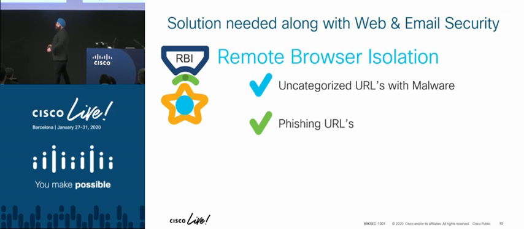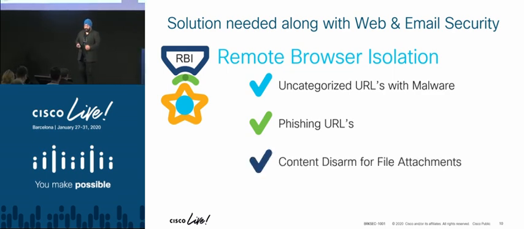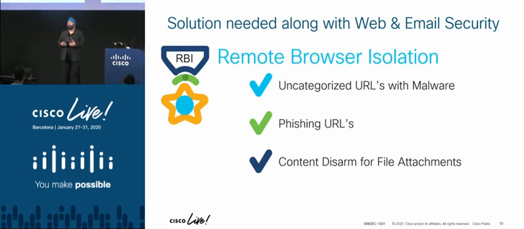Now, the other one is phishing URLs, where we want to make sure that we have the right strategy to target those phishing URLs, where it should not hamper our production itself. Then an important aspect that also comes along with this is content disarm, which we call CDR, as a technology. When we look at any of these contents, which are basically files, they have something we call active content, and we'll talk in detail about how we can leverage disarming this active content itself.